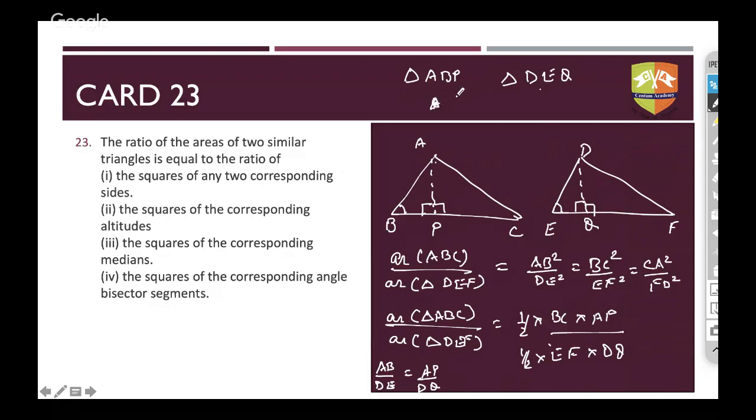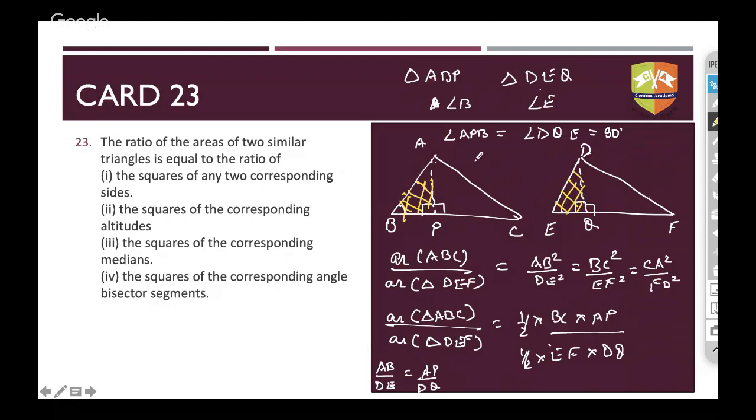In these two triangles, angle B is equal to angle E, and angle APB is equal to angle DQE is equal to 90 degrees. That means these two triangles are similar.